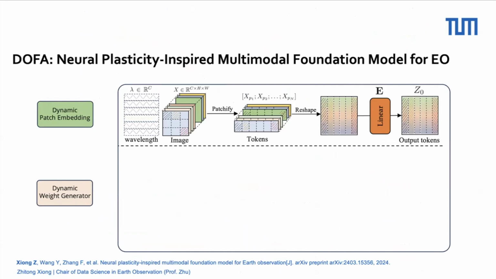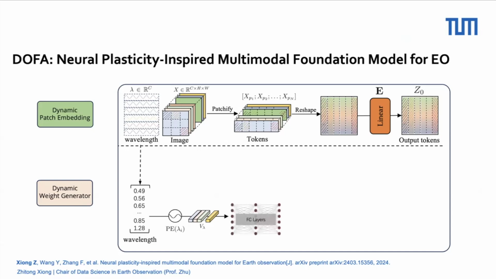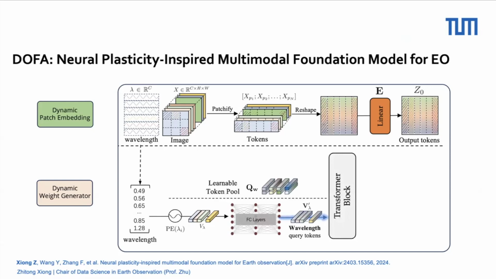And with our dynamic weight generator here, we accept the wavelengths as the inputs, and they are processed by a position embedding module to embed them into feature vectors. And then it goes through several fully connected layers, and it is transformed into wavelength query tokens here. And then we further add a learnable token pool into the transformer block.